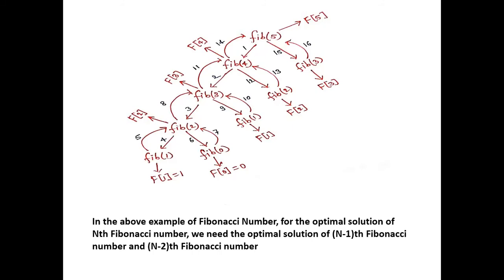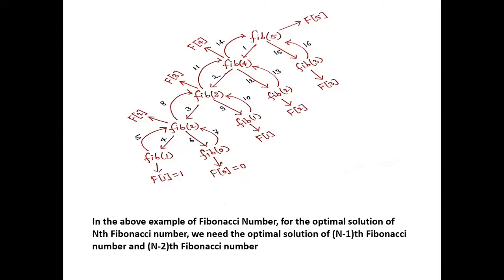That means the solutions of Fibonacci 2 and Fibonacci 1 are combined to find the solution of Fibonacci 3. And the solutions of Fibonacci 3 and 2 are combined to get the solution of Fibonacci 4. To get the solution of Fibonacci 5, we need the results of Fibonacci 4 and Fibonacci 3, because Fibonacci 5 makes the call to Fibonacci 4 and Fibonacci 3.